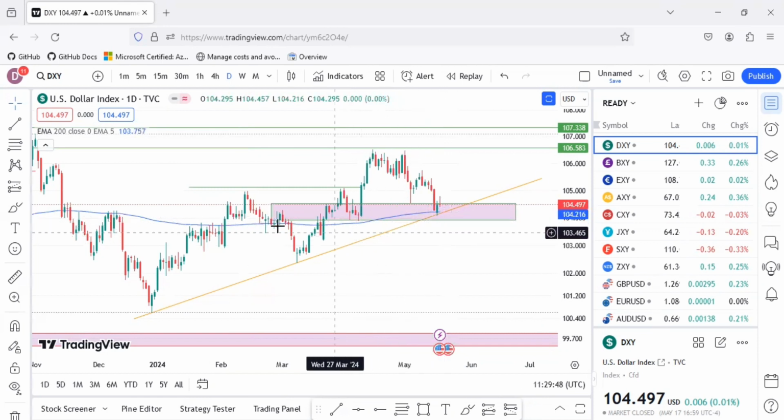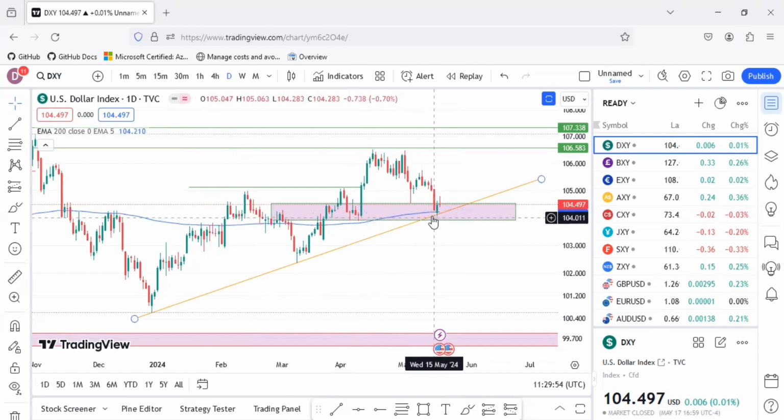Not only that, you can see the 200-day EMA is also supporting that particular place. So we have three confluences in that place right now: the 200 EMA, the demand, and the third touch of trend line. If you look at all those three things together, you will agree with me that this particular level is going to be a very strong level.